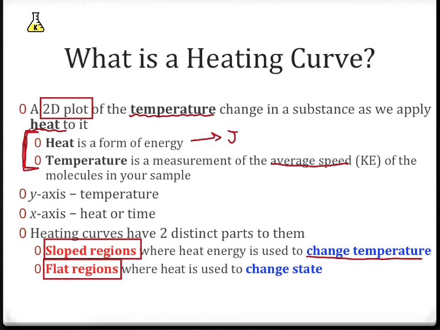In these flat regions, the temperature is no longer changing because that same quantity of energy is now being used to change the state, to go from solid to liquid or liquid to gas. The fact that these two regions happen separate from one another tells us that energy can only do one of these two jobs at a time. We can't change temperature and change state at the same time.